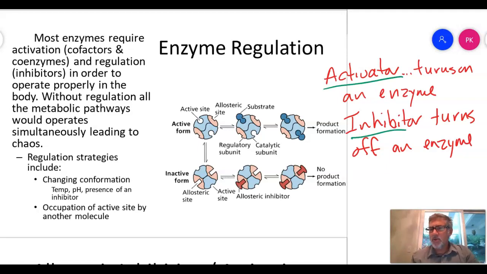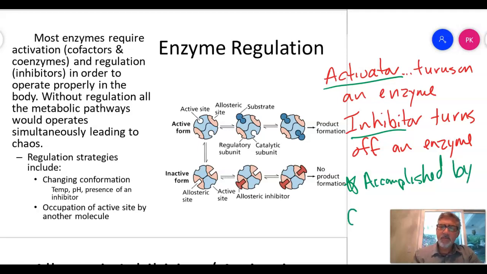An inhibitor turns off an enzyme, right? And they do this, it's accomplished by changing or blocking the active site.